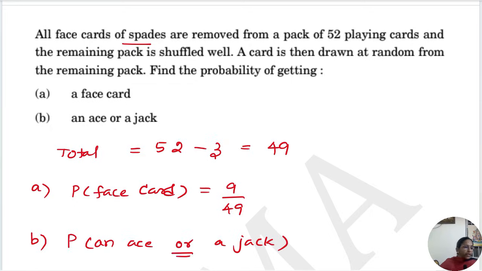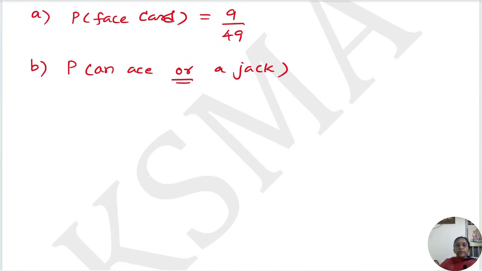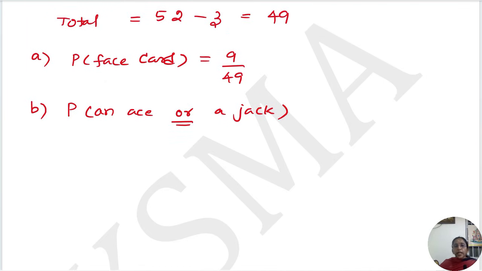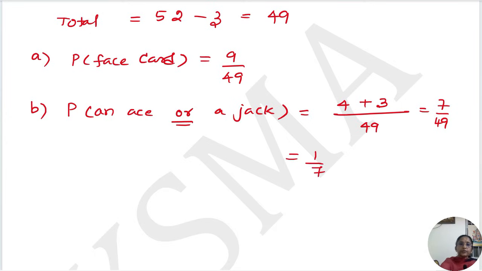So you have to add your probability values. How many aces are we having? The total is 49 here. 4 aces we are having, and jack, from the spade category it is already removed, so only 3. So 7 divided by 49. If we reduce, our answer is 1 by 7.